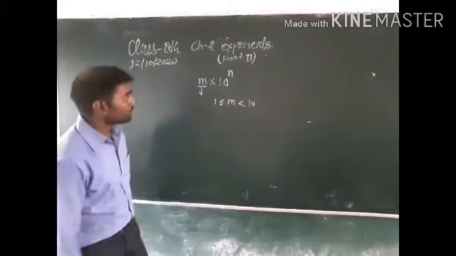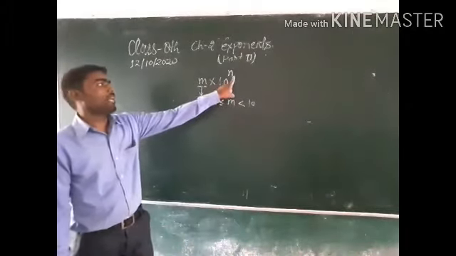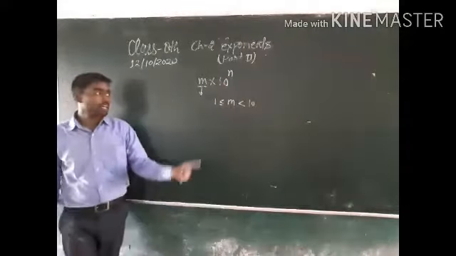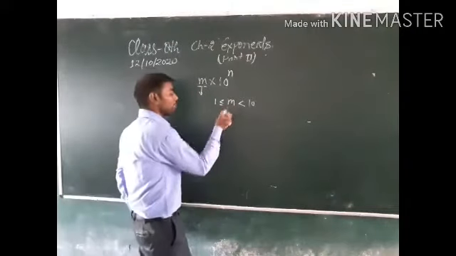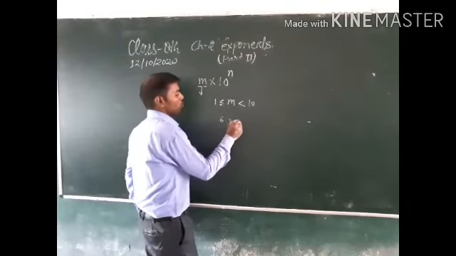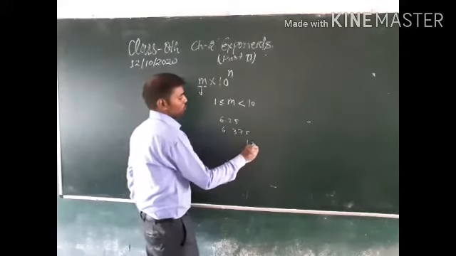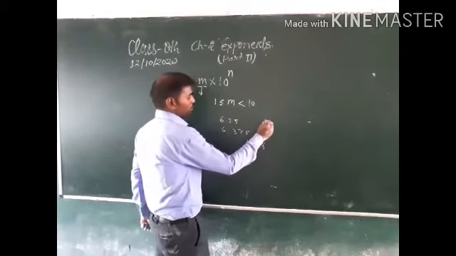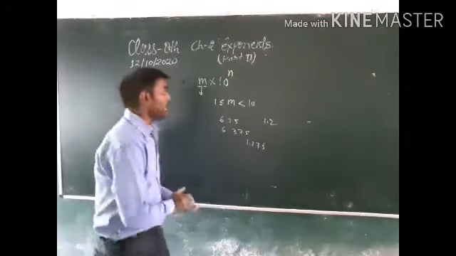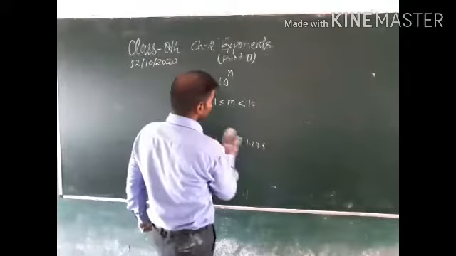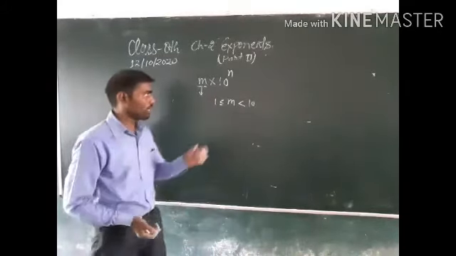A number can be written in standard form m into 10 to the power n, where m is in decimal expansion. It means it can be written like 6.25, 6.375, 1.275, or 1.2. This is a decimal form. So how can we read it?